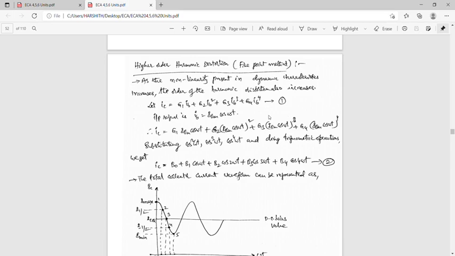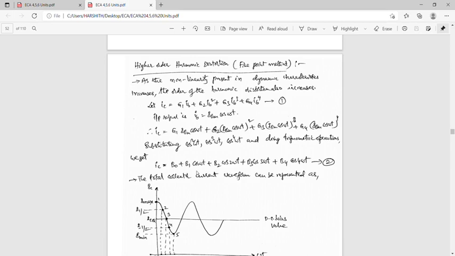In the five-point method we can take four harmonics. Substituting for cos square omega t, cos cube omega t and cos 4 omega t and doing trigonometric operations, we get IC equals B0 plus B1 cos omega t plus B2 cos 2 omega t plus B3 cos 3 omega t plus B4 cos 4 omega t.